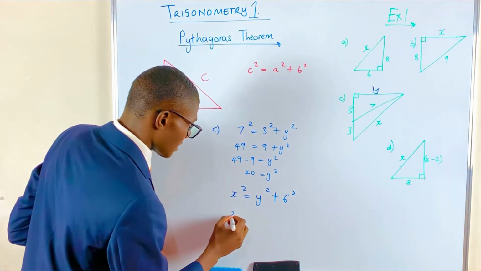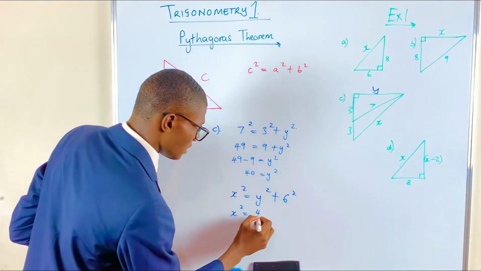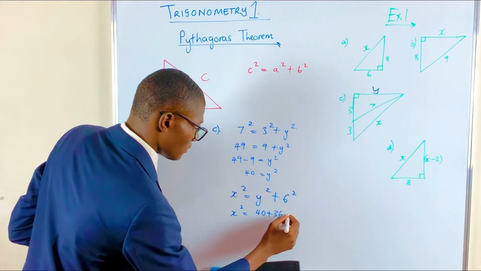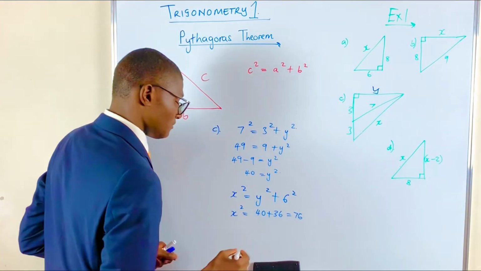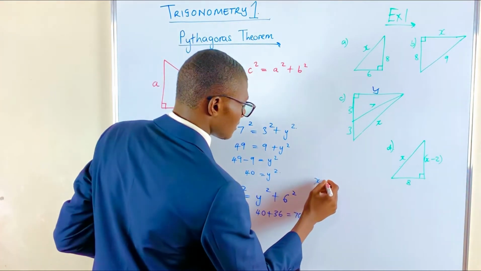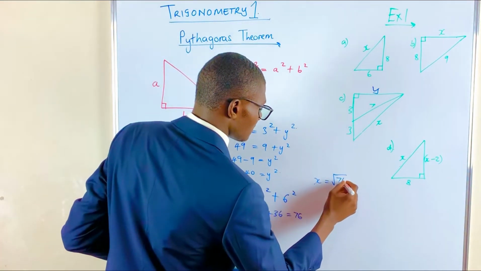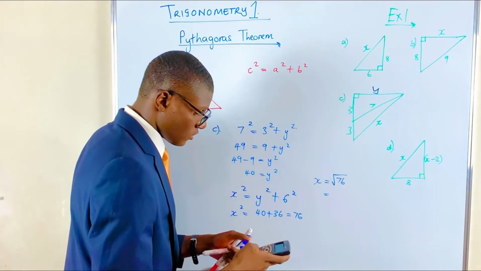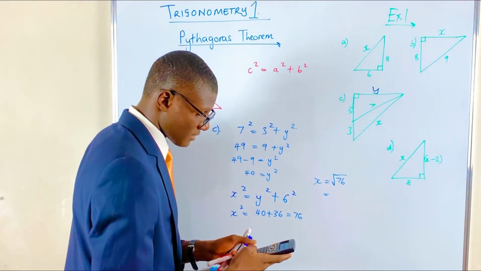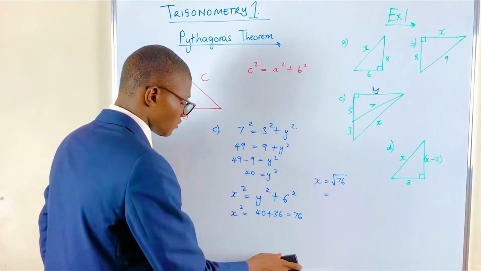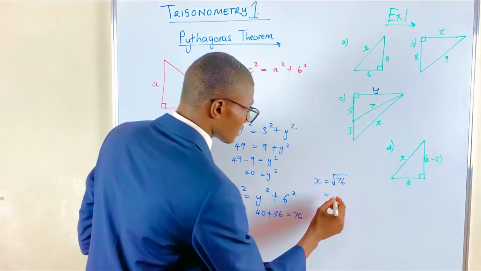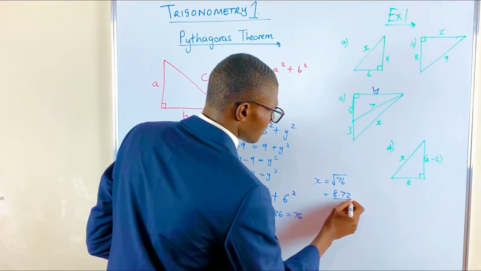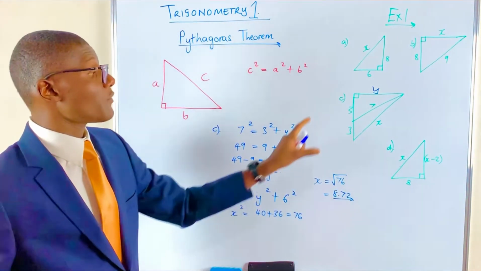So we are saying x squared is equal to 40 plus 6 squared, that's 36, which is 76, such that x would be the square root of 76. And we can further simplify this to get 8.72. So x is 8.72 to 3 significant figures. So this is how we do part C.